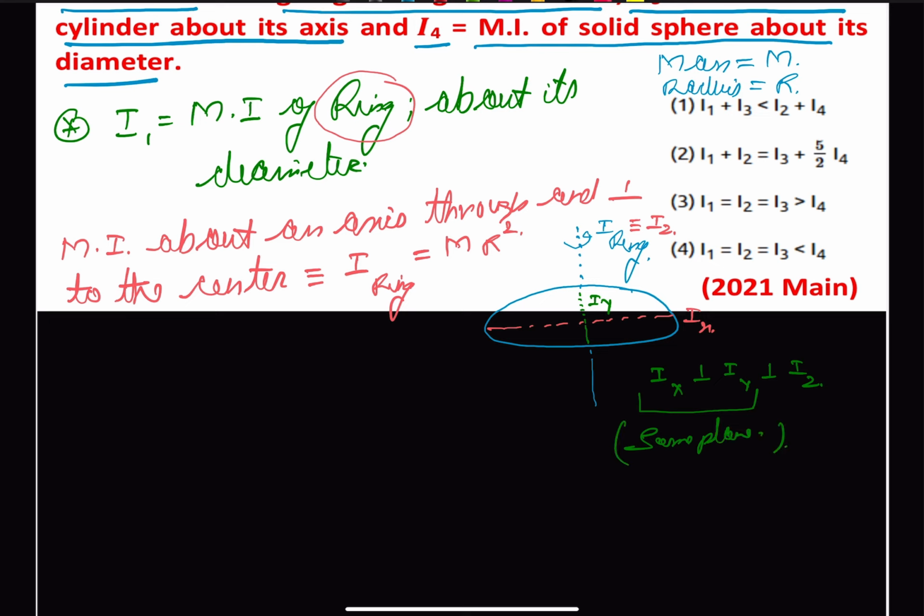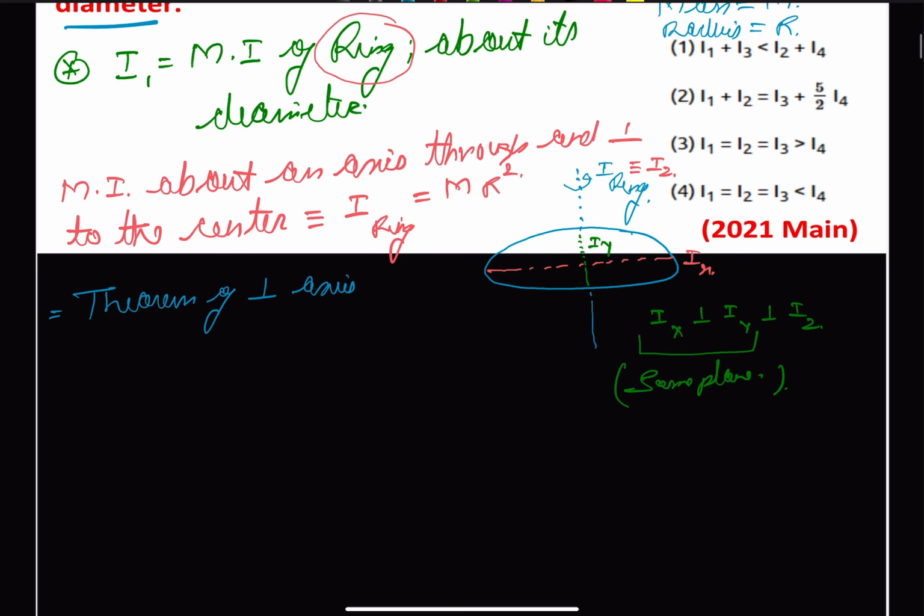So in this case we can use the theorem of perpendicular axis, which gives us that Iz will be equal to Ix plus Iy.